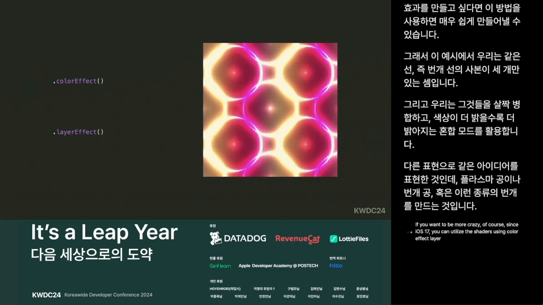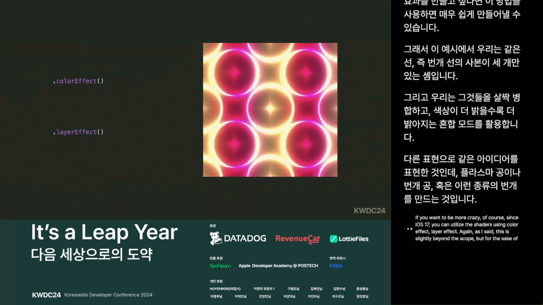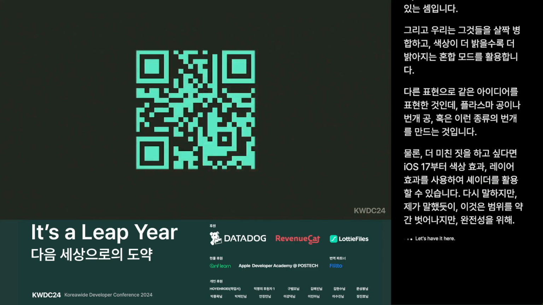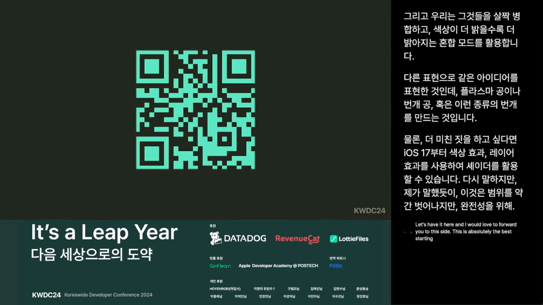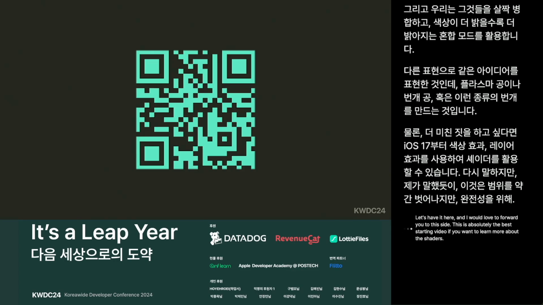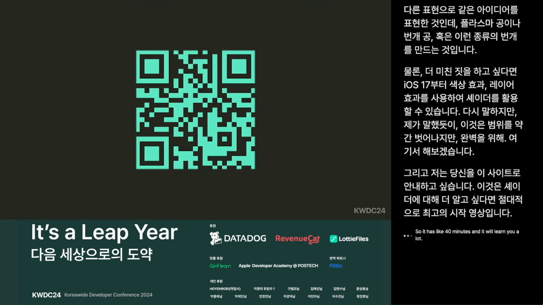Again, as I said, this is slightly beyond the scope, but for the sake of completeness, let's have it here. And I would love to forward you to this site. This is absolutely the best starting video if you want to learn more about shaders. It has like 40 minutes, and it will teach you a lot. Really the best material I have seen so far, so I recommend it.